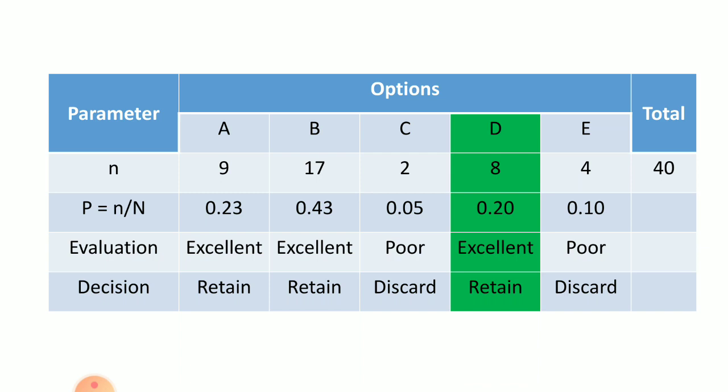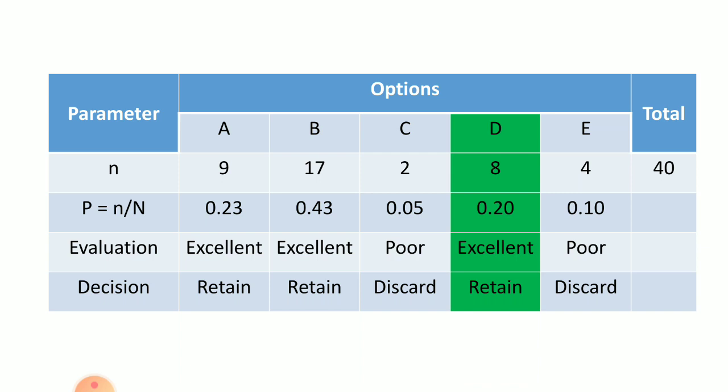Then computing now the plausibility index, that is lowercase n over the uppercase n. So for option A, that is 9 divided by 40, which is equal to 0.23. For option B, that is 17 divided by 40, which will give us 0.43.